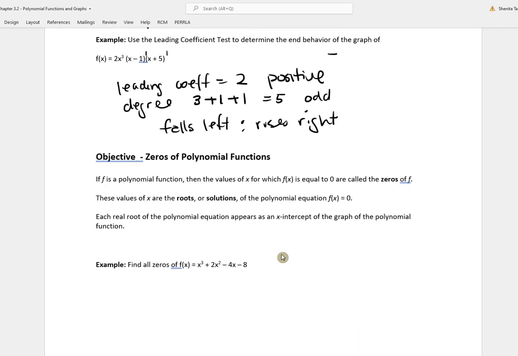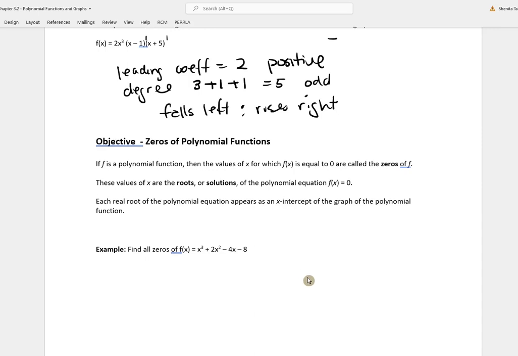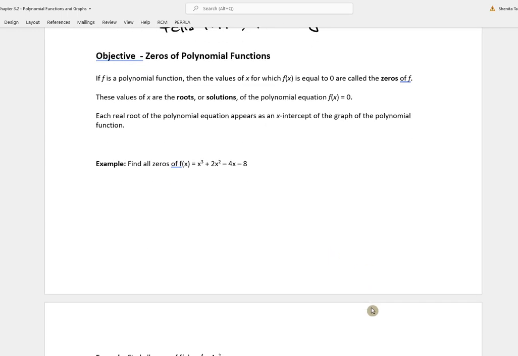Okay, so if you remember going back to finding x-intercepts, to figure out the x-intercepts, we set y equal to 0. Y is the same as f of x. So basically you're trying to figure out the x-intercepts of your polynomial function. So in this first problem, we're going to figure out all the zeros, or all the x-intercepts, for this polynomial function: x cubed plus 2x squared minus 4x minus 8.